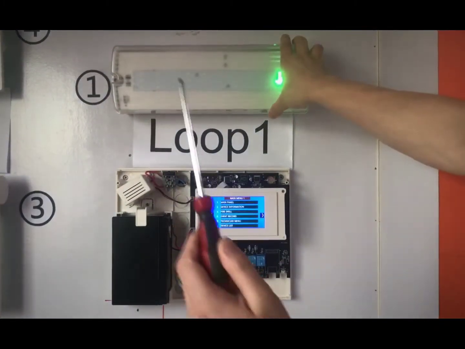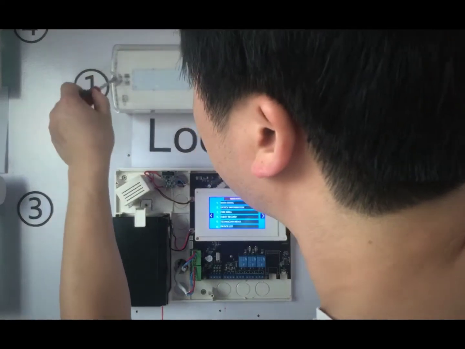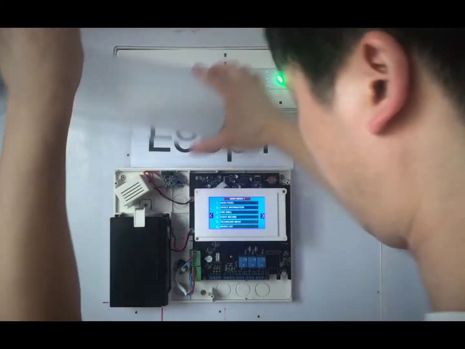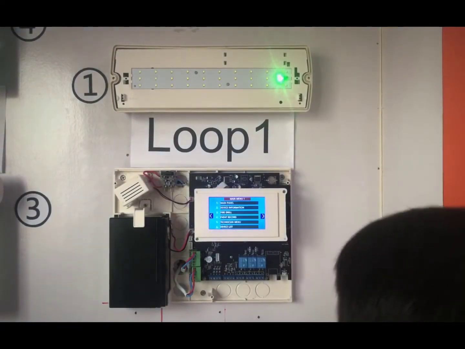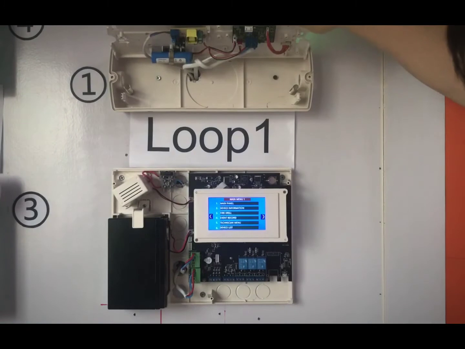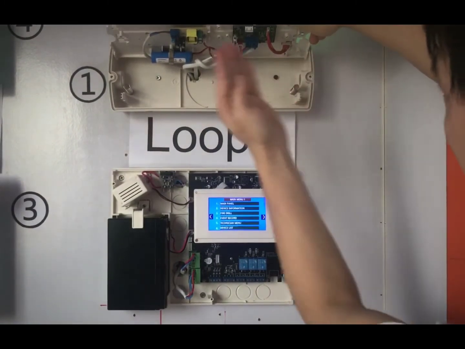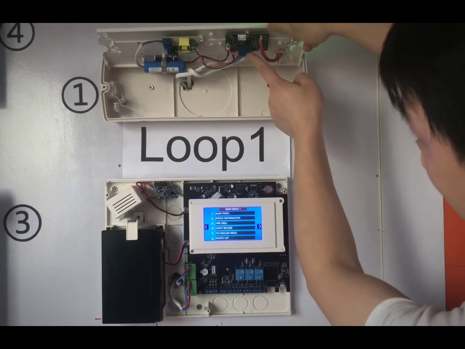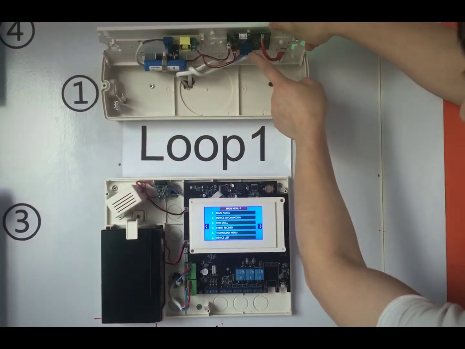Use the screwdriver to open the diffuser of the emergency lights. Here are the AC wires. Here are the communication cable terminals.